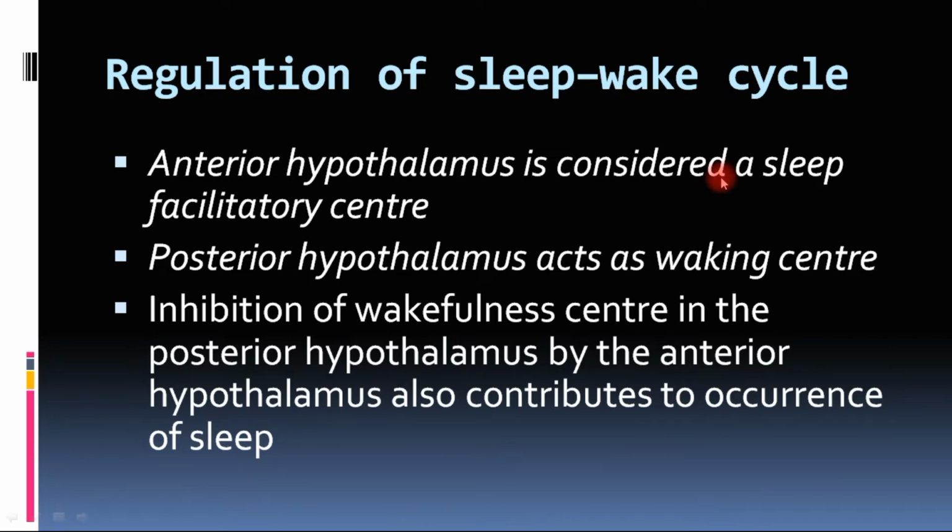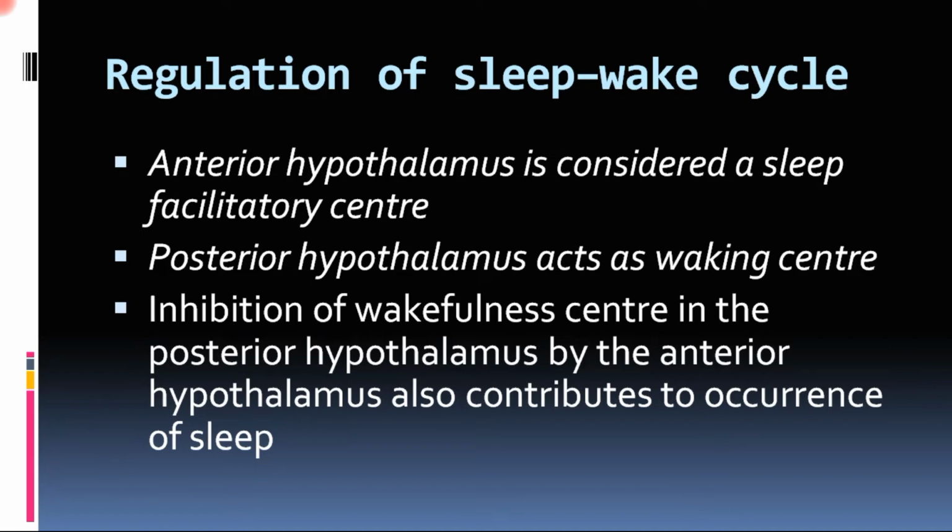The mechanism of the sleep wake cycle here is that the anterior hypothalamus, which is the sleep facilitatory center, inhibits the posterior hypothalamus whenever sleep has to occur. So in that case, the posterior hypothalamus or the waking center is active all the time.